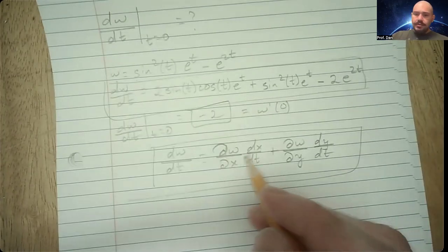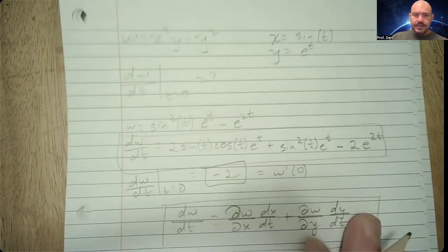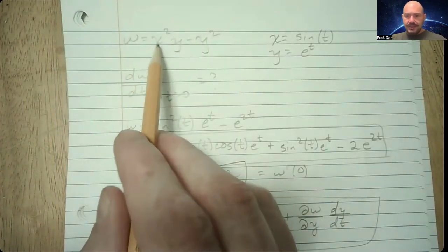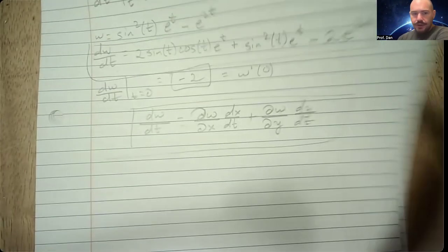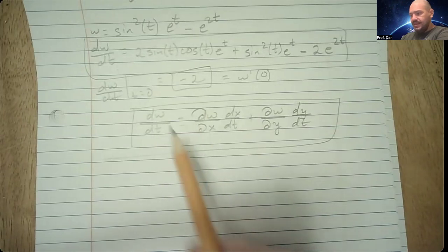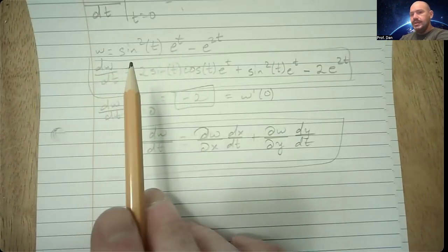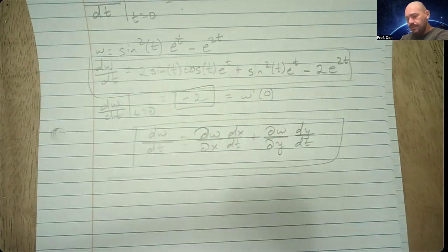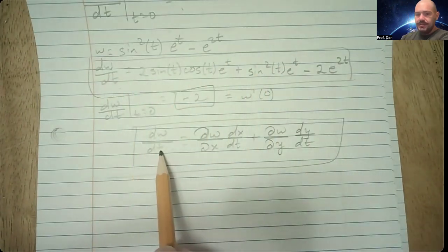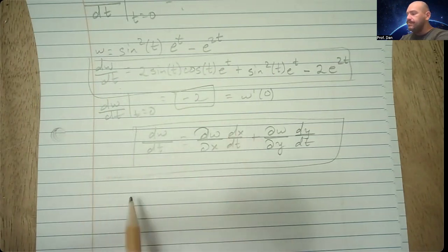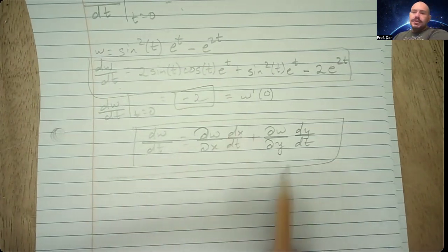With w though, we're using partial derivatives because w is a function of both x and y, right? And the overall thing is an ordinary derivative because as you saw here, we can rewrite w in terms of only one variable if we choose to, namely the variable t, which is what we used in the ordinary derivative.